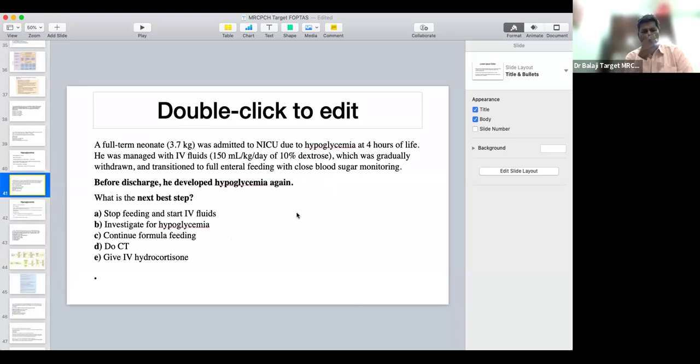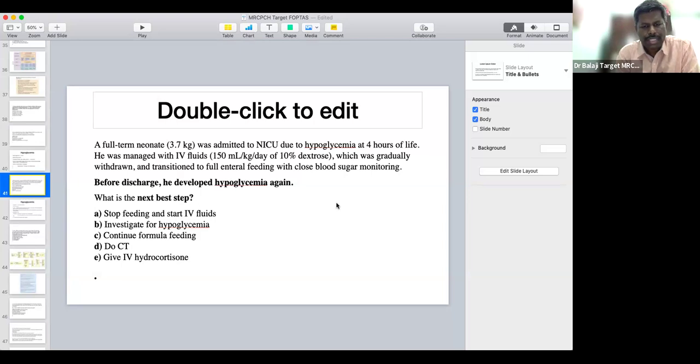Now this one is a scenario of hypoglycemia in the newborn period. The baby is presenting with hypoglycemia and needed a higher amount of IV fluids, 10% dextrose, 150 ml per kg per day. Then it was gradually tapered, with transition to enteral feeds.